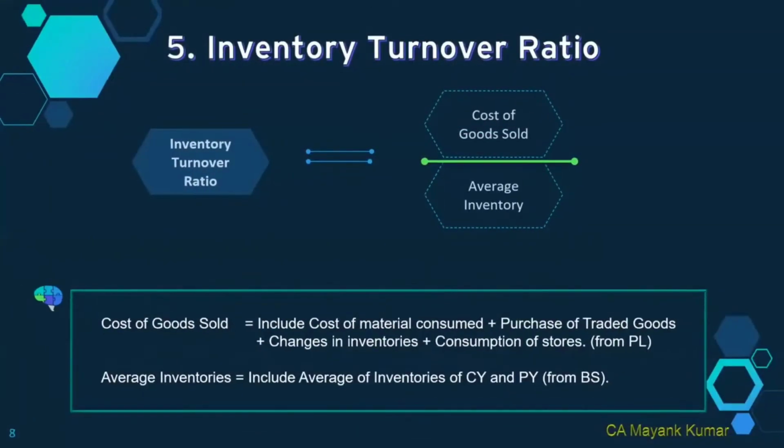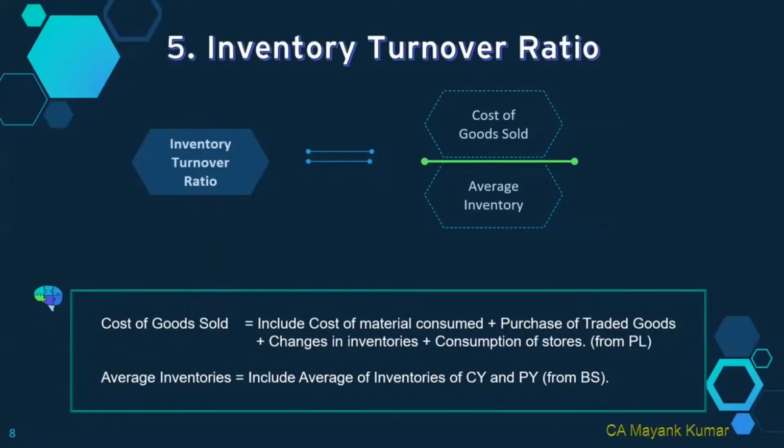Next ratio is inventory turnover ratio, which depicts the number of times the company is churning its inventory, that is, the company is converting its raw material, packing material, WIP into finished goods. It is calculated by dividing the cost of goods sold by average inventory.